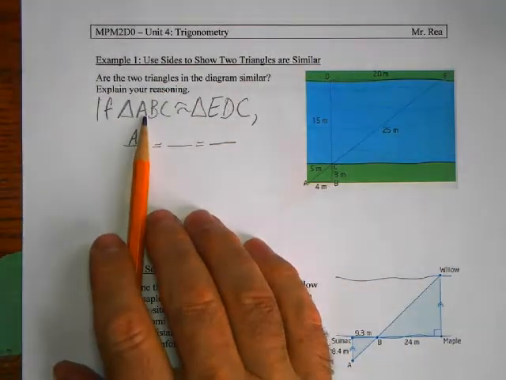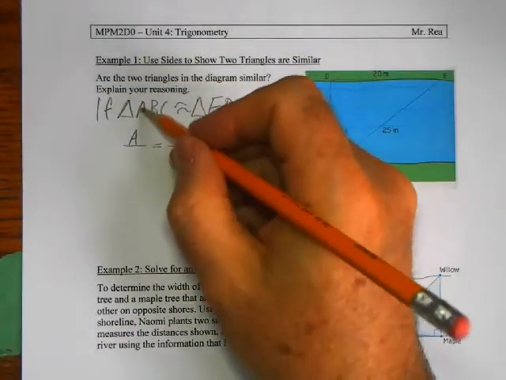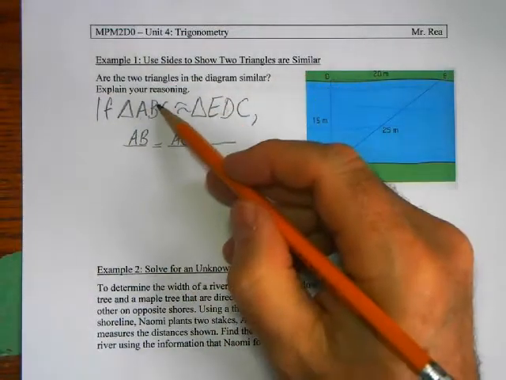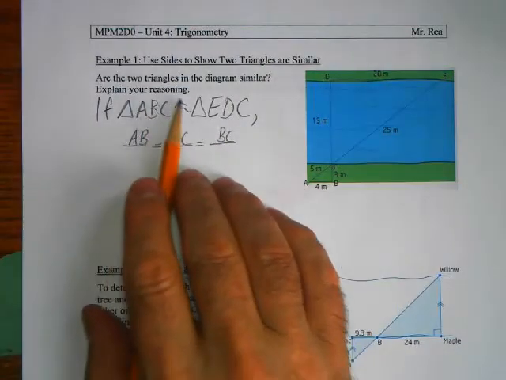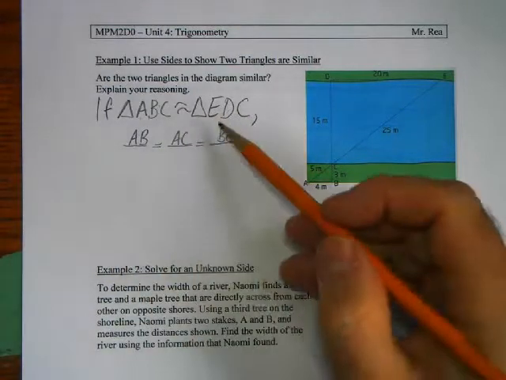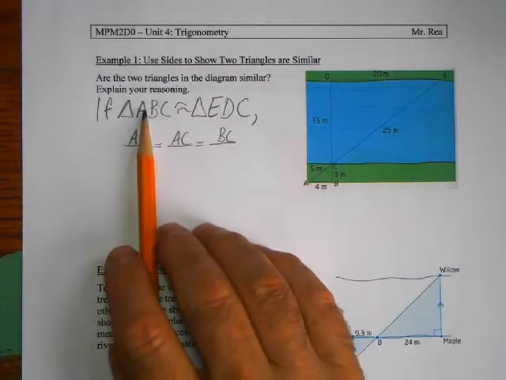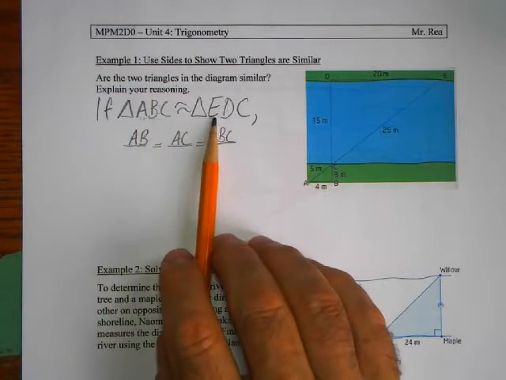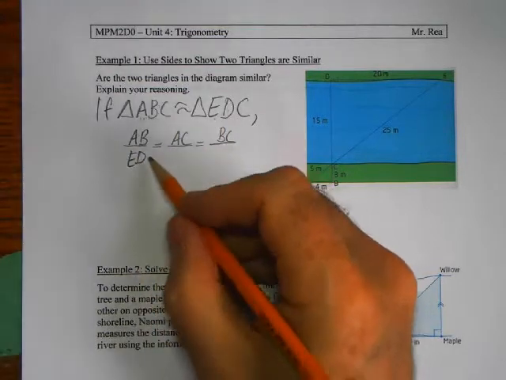So, you don't have to do them in any special order up here, but I could say, well, I know AB is a side, I know AC is a side, and that leaves BC as the other side. Okay, so I've got all 3 different sides from triangle ABC on the top, and then on the bottom, this is where you have to think about this. Okay, so the side AB, think of it this way, AB are the first and second letters in this triangle, so I look at the first and second letters in this triangle, so that would be AB over ED.